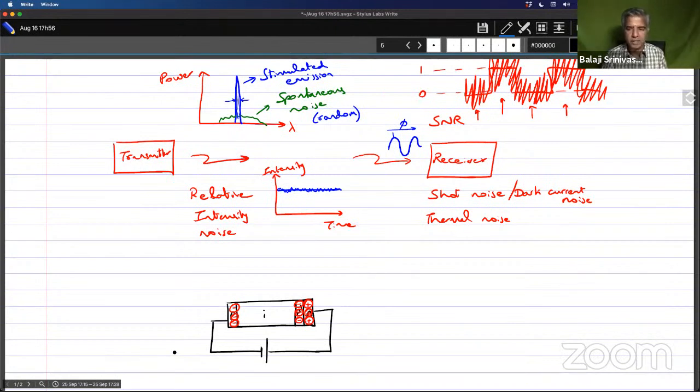Gauss's law tells us that the presence of charges implies that you will have some fields. So when we look at the voltage across this structure, that voltage drop will be something like this.